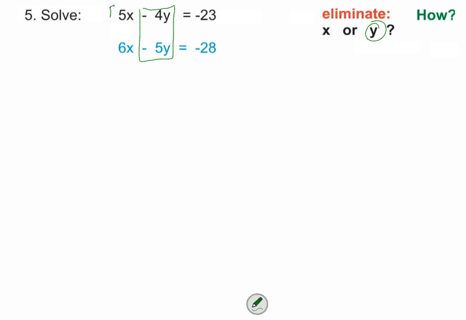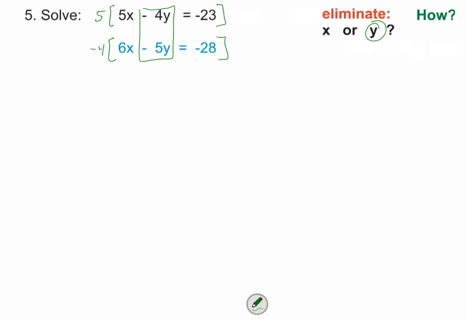So somebody tell me what to multiply the top one by. Okay, if I multiply the top by 5, what does that make my top y's? Negative 20. How do I get my bottom y's to be positive 20? I have to do a negative 4 on the bottom. Do you agree?